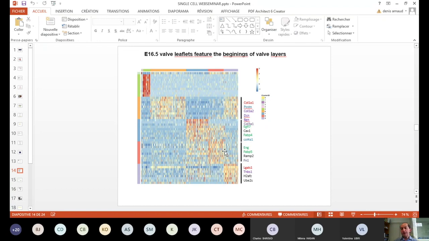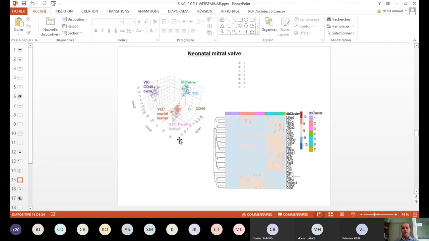Of course, the cells cannot be organized, but they are already determined, if you want, in the layer in which they are going to be arranged later on when the valve is going to mature.